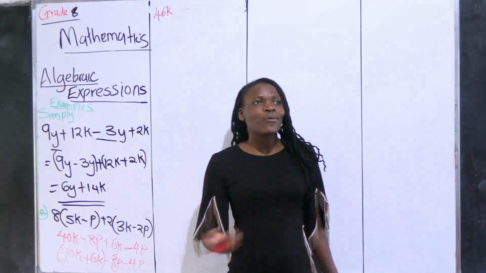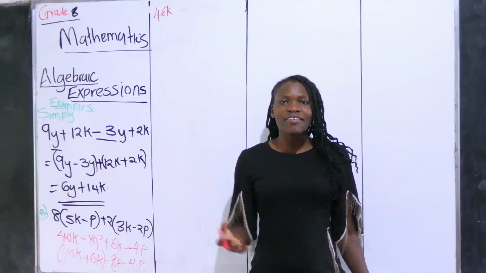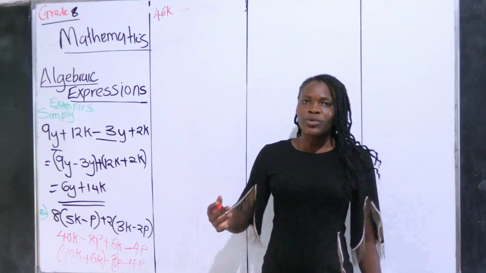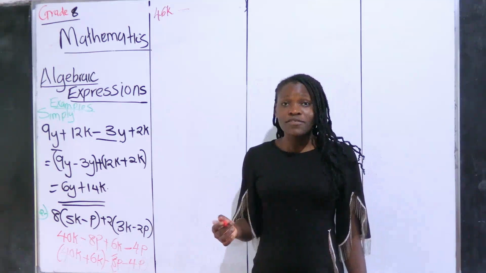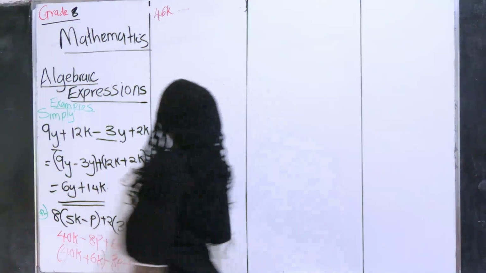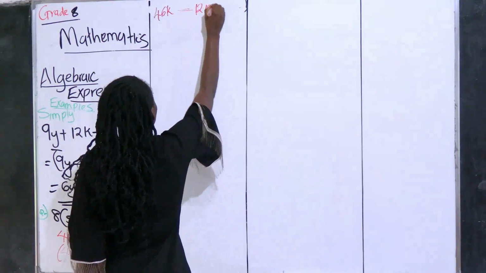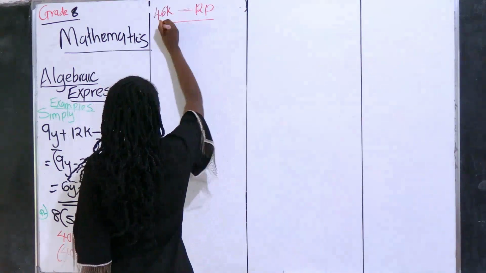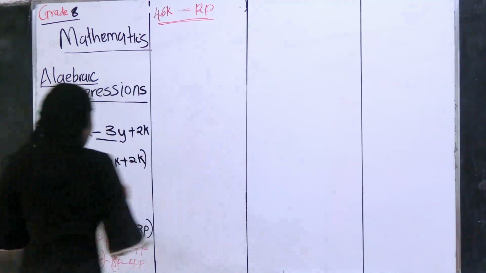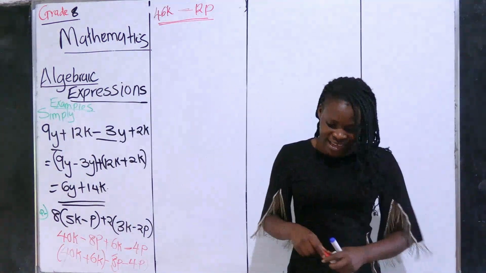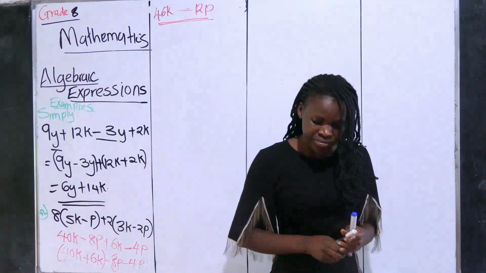It's like we are taking away, we are subtracting everything. So minus 8p, minus 4p will give you minus 12p. And now that is the answer to that question.